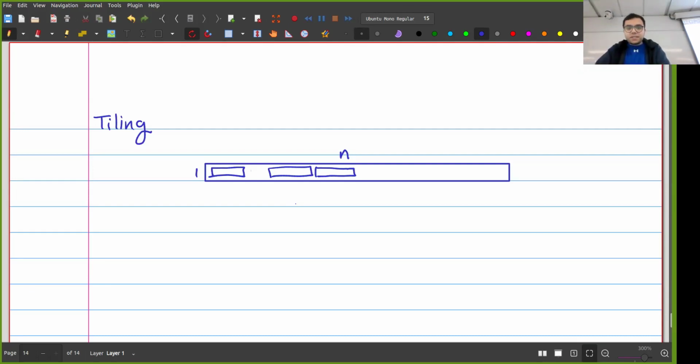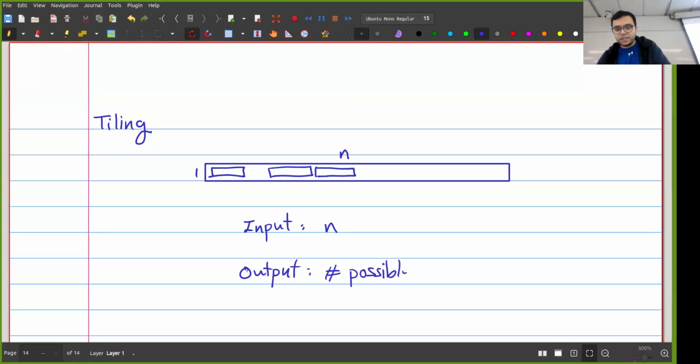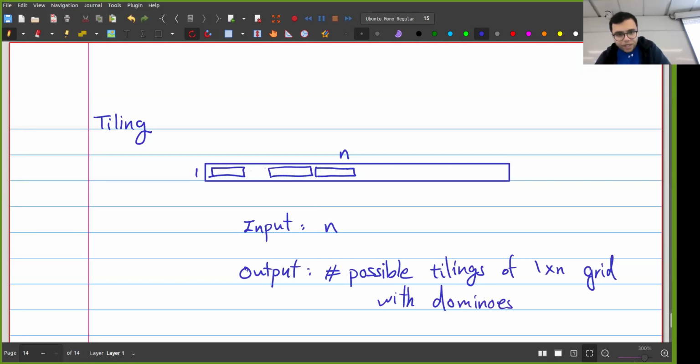Okay, so no new domino should fit into this. Now, the question is, how many ways do I have to do this? So my input is just the number n, and the output is the number of possible tilings of this 1 by n grid with dominoes. And again, in these tilings, I can have empty spaces, but I shouldn't be able to fit a domino into those empty spaces.